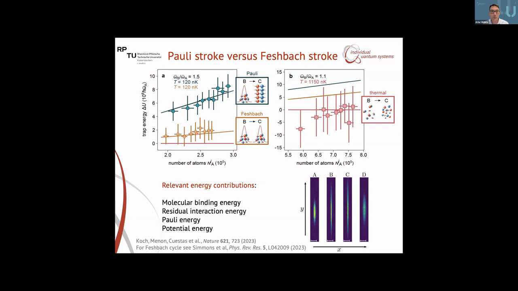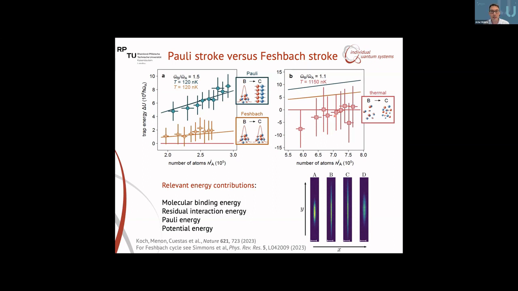Another indication or proof that this is really associated with a kind of quantum statistics energy is if we run exactly the same cycle as shown here, but now go above the critical temperature. So where quantum statistics should not play a role anymore, but the system should obey Boltzmann statistics, then we find indeed that there is no effect of this cycle and that this Pauli stroke does not induce any energy change in the system.